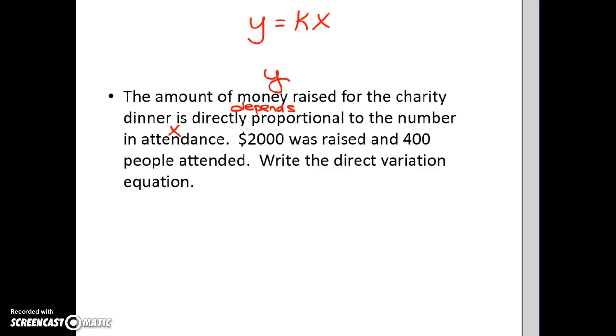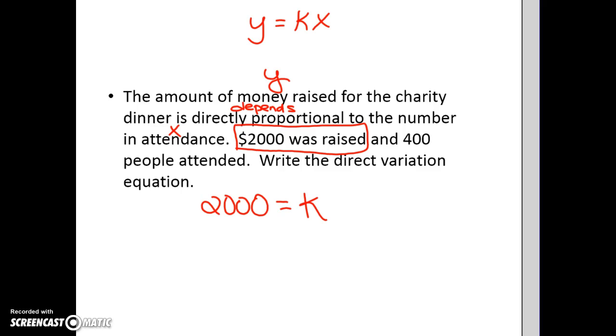So my y, the amount of money I raised, is 2,000. So $2,000 equals, I do not know the k. K is what I'm trying to find. And the number of people who attended, that's my x.